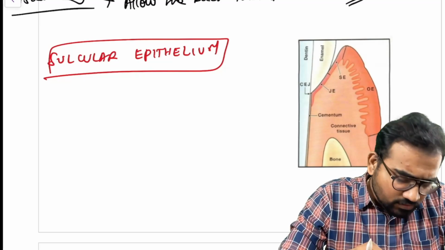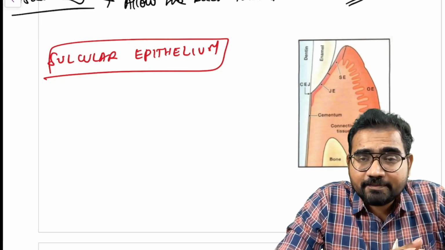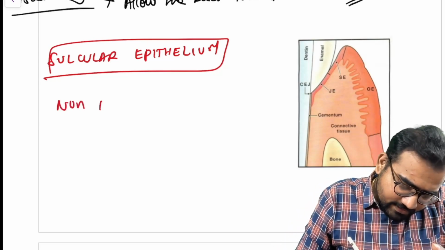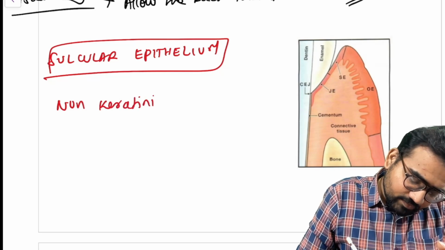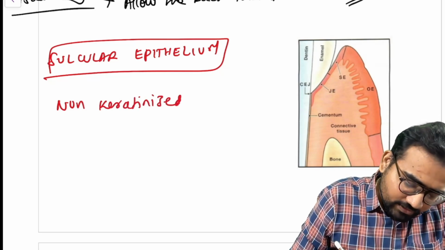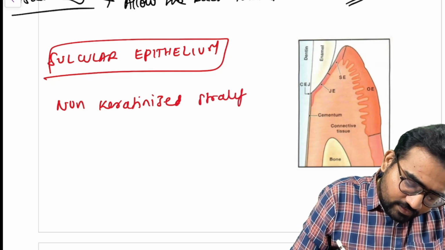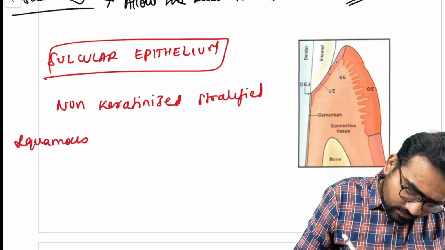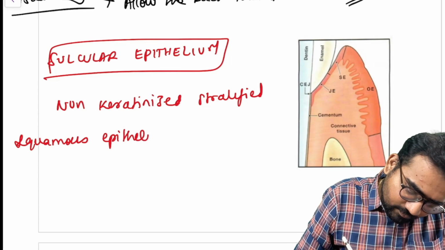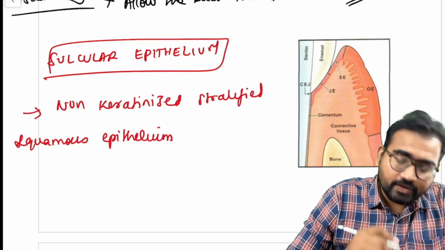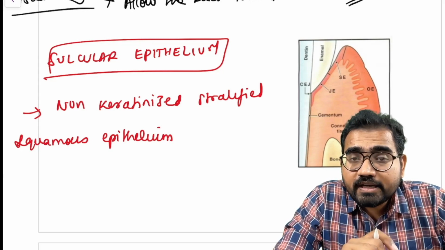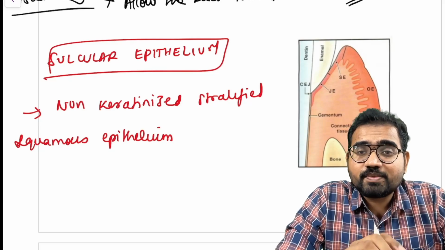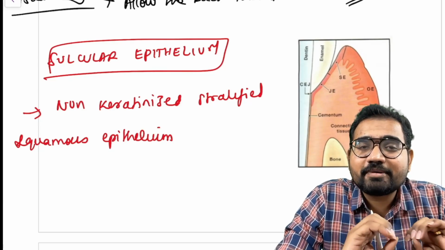Basically it is lined by non-keratinized stratified squamous epithelium, which is very similar to junctional epithelium, semi-permeable.